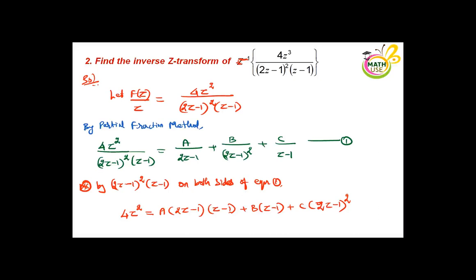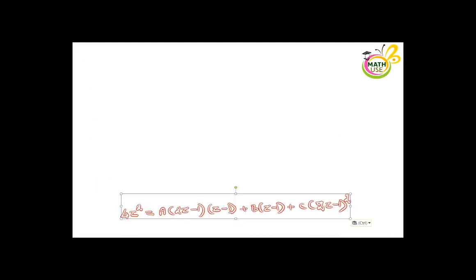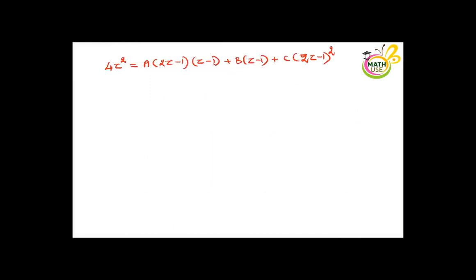Now we need to find out the value of A, B and C. By applying z equal to some value, we will find out the value of A, B and C.